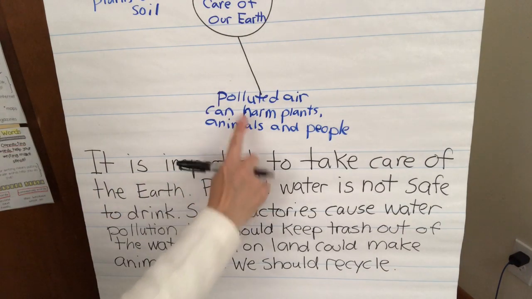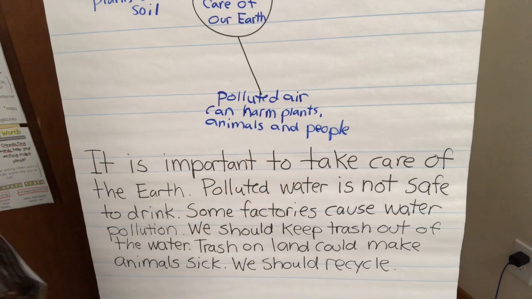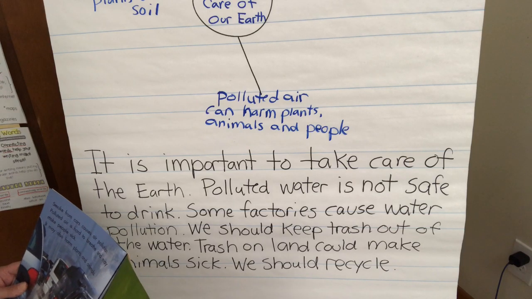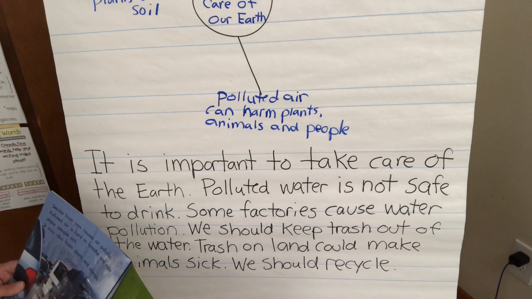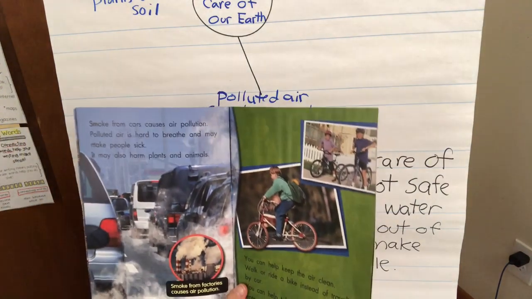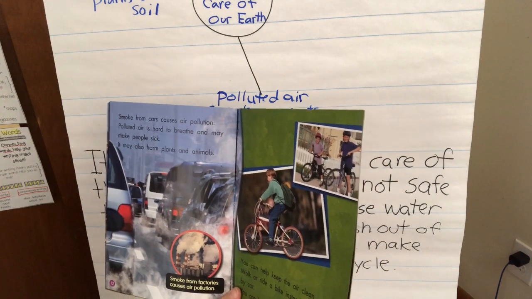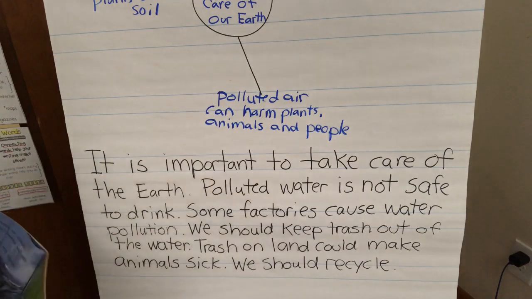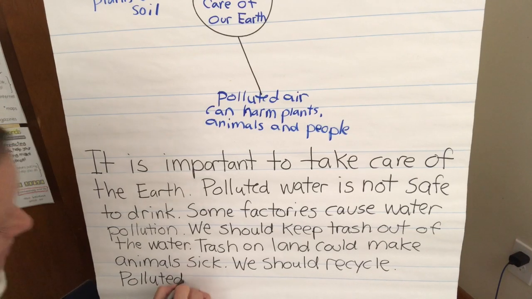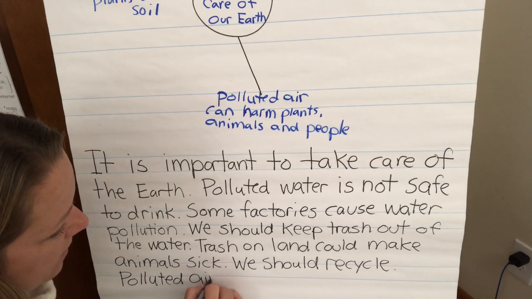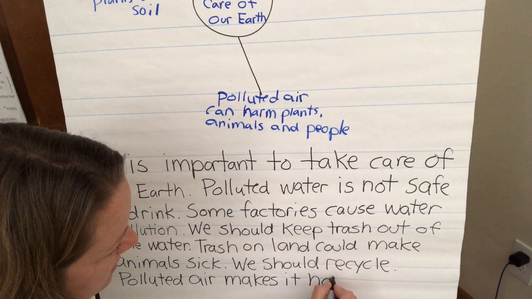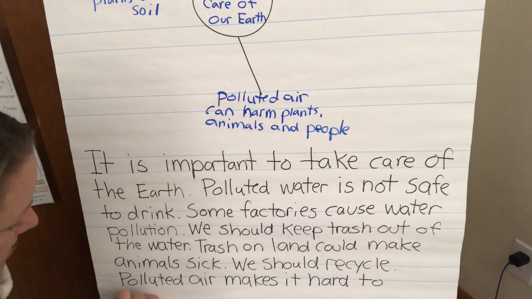Now, my last detail that I want to talk about is the pollution in the air, how it can harm pretty much anyone, any living thing. And I might even reword some of the sentences that I found in the text. Polluted air makes it hard to breathe.